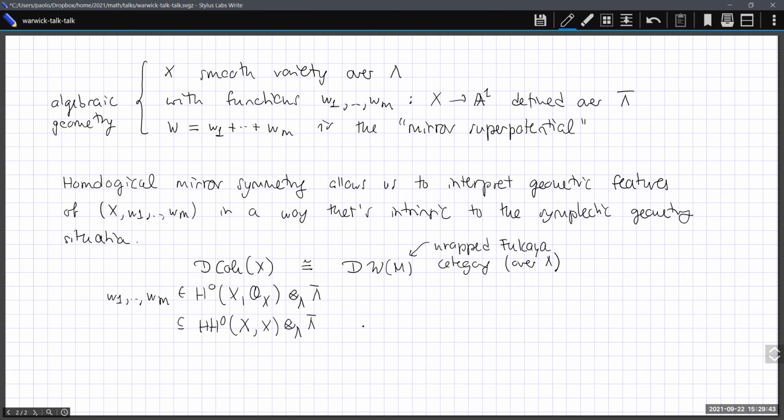And so this one here should be related to the Hochschild cohomology of the wrapped Fukaya category. And so correspondingly, we expect to have classes here, which I call Borman-Sheridan classes.